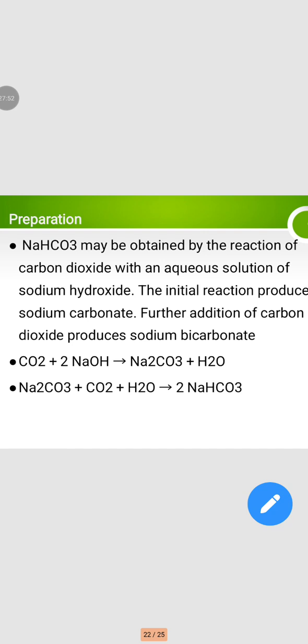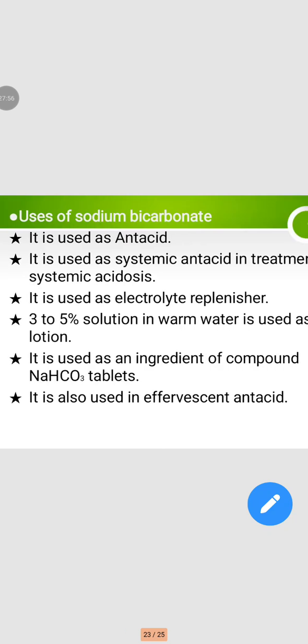Then further sodium carbonate is reacted with carbon dioxide to form sodium bicarbonate. Then uses: it is used as an antacid and an electrolyte replenisher. A 3 to 5% solution in warm water is used in eye lotion. It is used as an effervescent antacid. It is an important ingredient of compound sodium bicarbonate tablets.